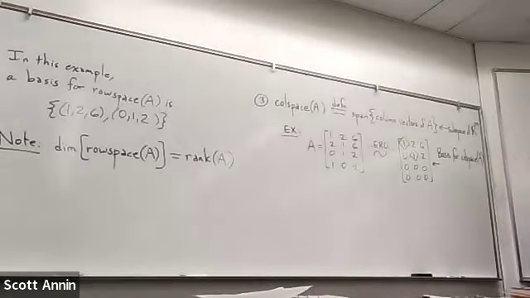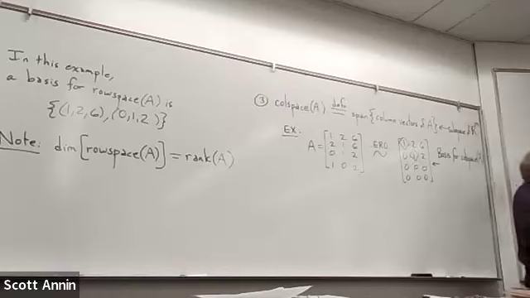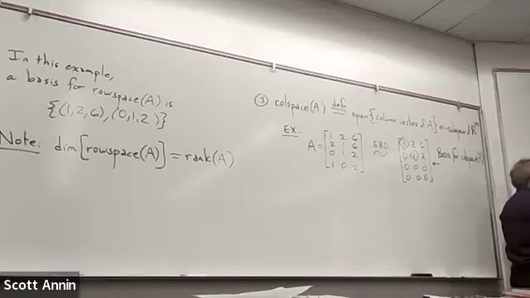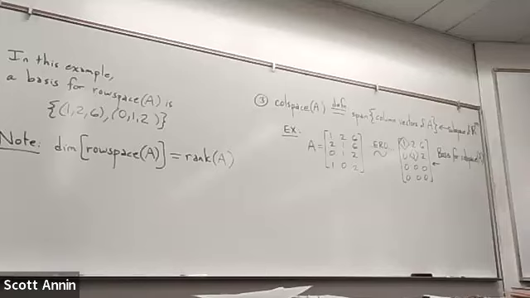But if I do an ERO real quick, I'm just scribbling over here. You don't need to really write this down. I just want you to observe this. If I do this ERO where I zero out the second row, and then I ask you, well, what's the column space of this? You would say that the basis for that would be this vector, because the two columns are still the same. But the issue is the span of this is not the same as the span of this.